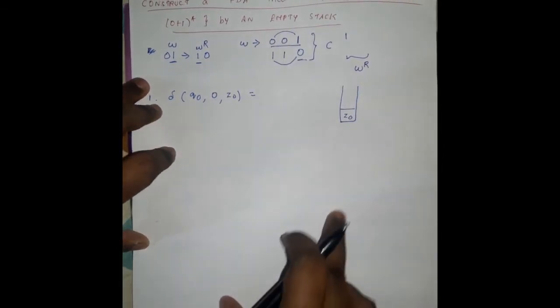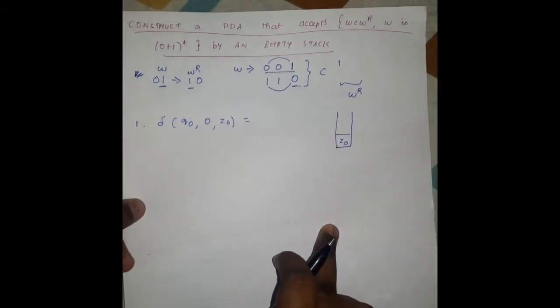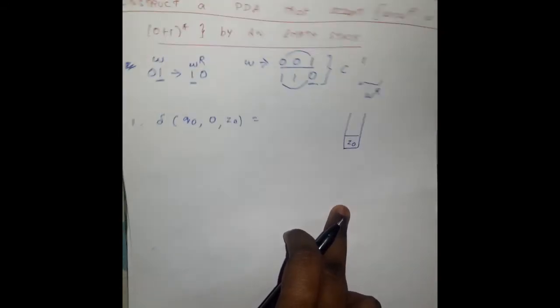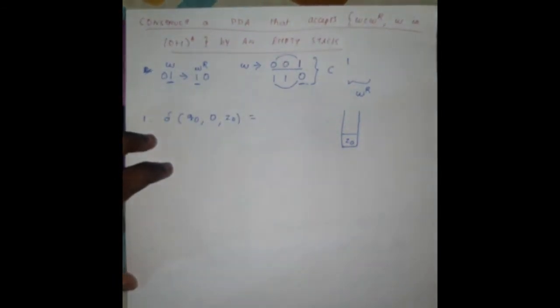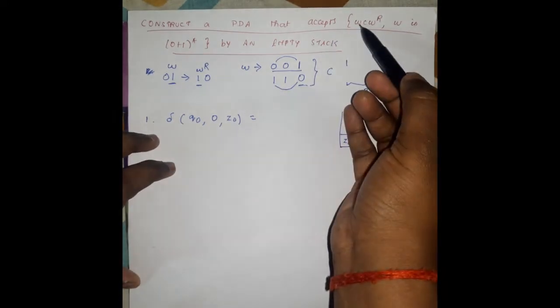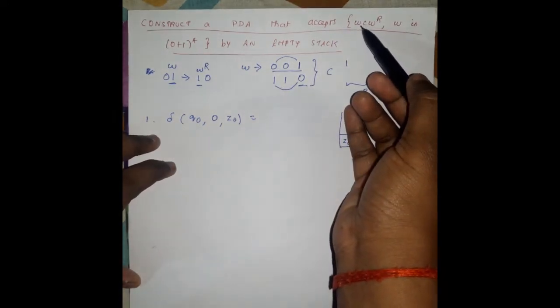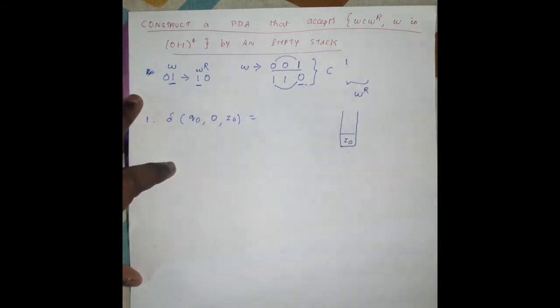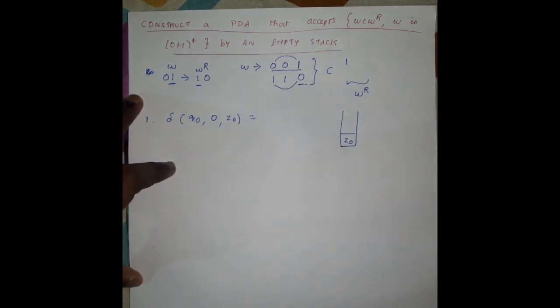In all pushdown automata we are doing stack push and pop operations. Here, initially we perform push operations for the input string w, and for the c separator symbol we do not do any operation.